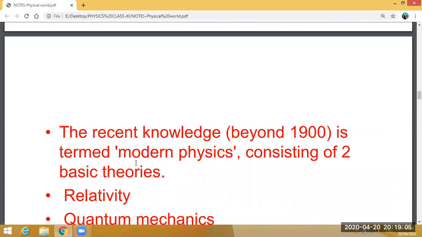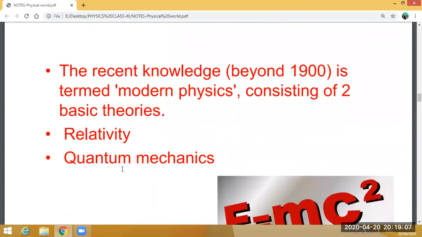Now, whatever physics came into the picture beyond the 1900s was termed modern physics. Modern physics consists of two basic theories. First is the theory of relativity, and second is quantum mechanics.